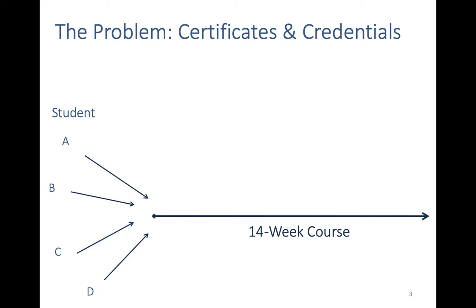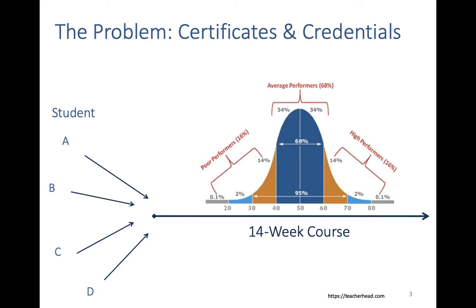Now the students take that course, they enroll in it, they do the homework, or maybe they don't do the homework. But by the end of the course, you might have something that looks like this, right? You've got your poor performers, your average performers, and your high performers across the population of students in that course.